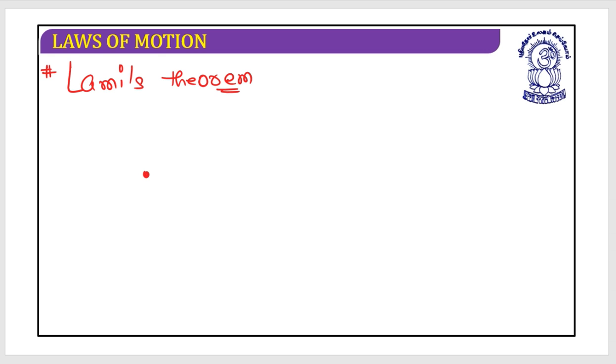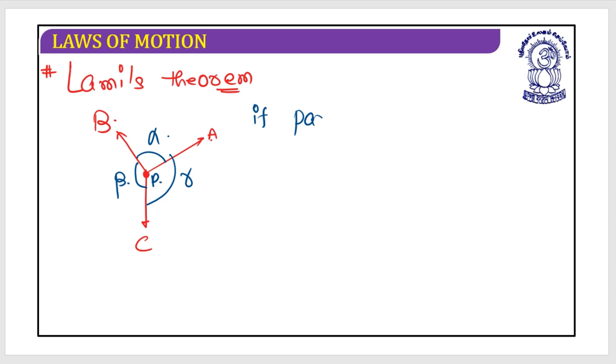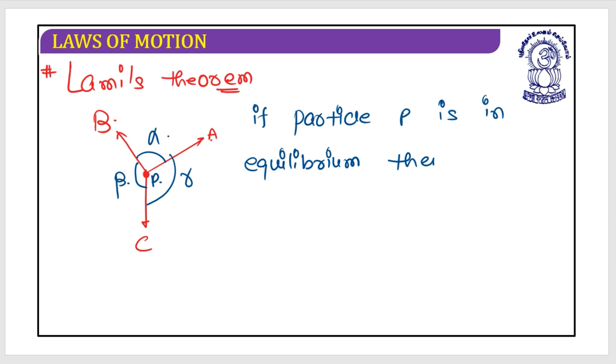It says if particle P is in equilibrium and it is acted upon by three forces, let's suppose this is A, this is B, and this is force C.